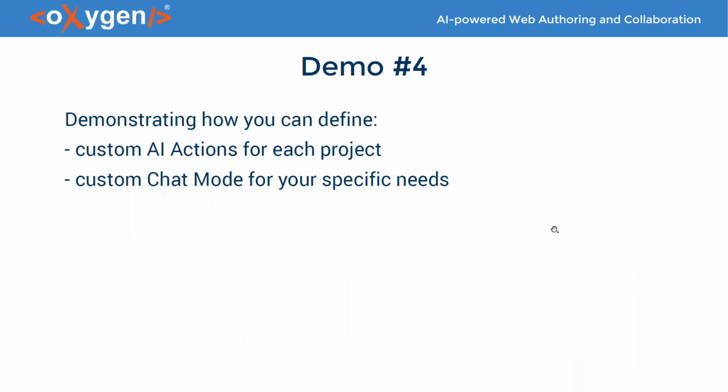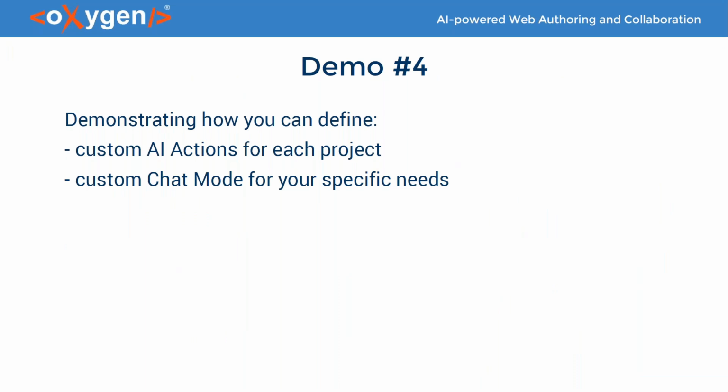But now let me show you how you can create the custom action and the custom chat mode from scratch. The idea of the demonstration is that I will create an EU units custom action with the purpose of converting the American units to European units in the document, for example, miles to kilometers.